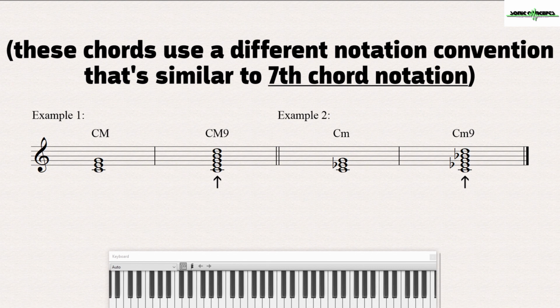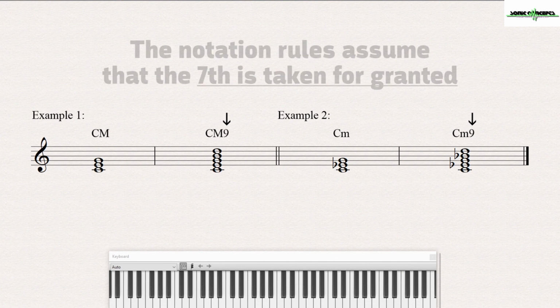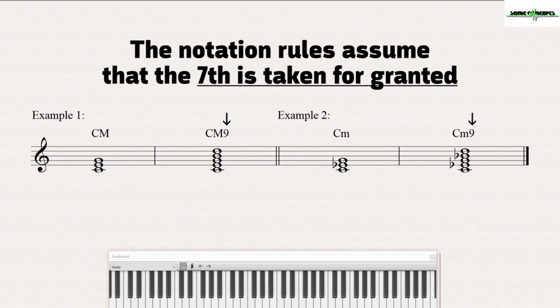They use a different notation convention that is similar to 7th chord notation. For example, a C major 7th or a C minor 7th would be notated as C capital M7 or C lowercase m7 respectively. 7th chords with added extensions such as a 9th often replace the number 7, which identifies it as a 7th chord, with the number of the extension, in this case a 9th, and the notation rules assume that the 7th is taken for granted.